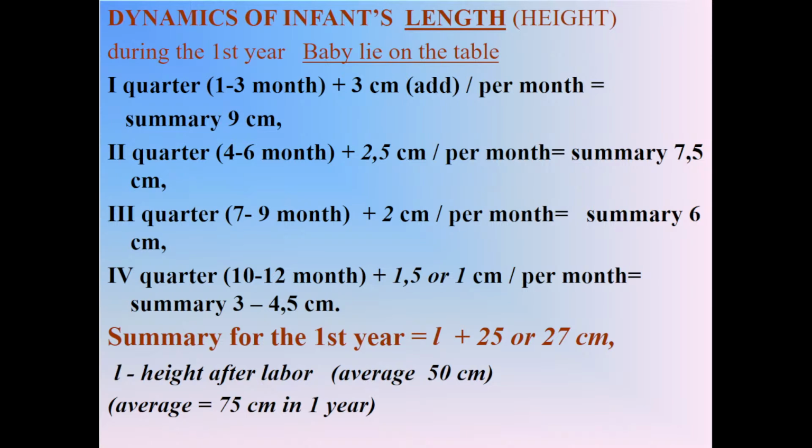The third quarter, from 7 to 9 months, every month the height of the child's body increases by 2 centimeters. And in the last quarter, from 10 to 12 months old, there may be a deviation of 1.5 or maybe 1 centimeter per month.